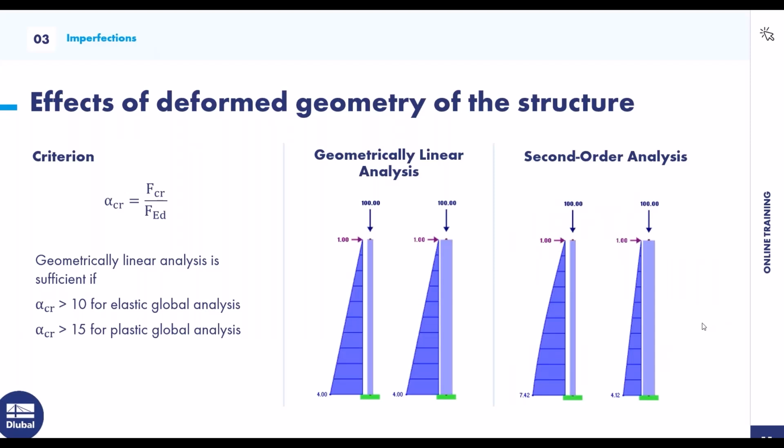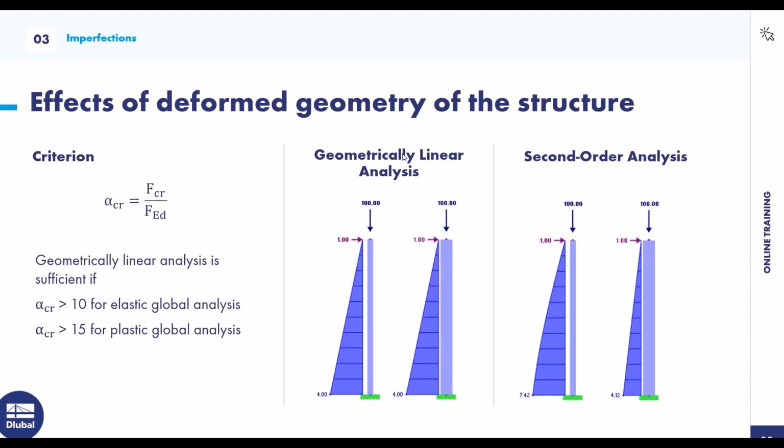Then we turn to the next topic for today: effects of deformed geometry of the structure. In the first training course, Introduction to Member Design, it was learned how the results can differ between the calculation according to the first order theory, the geometrically linear analysis, and the second order theory.